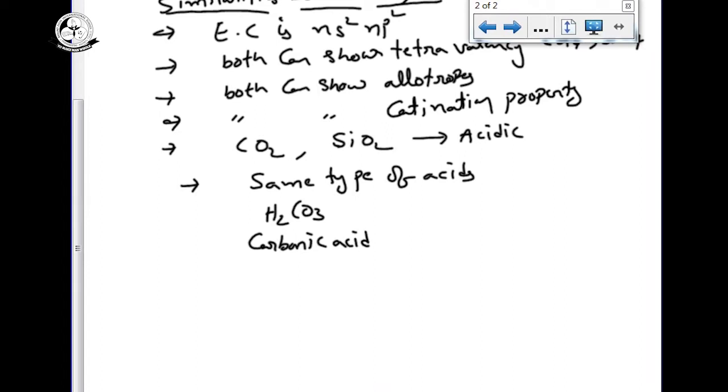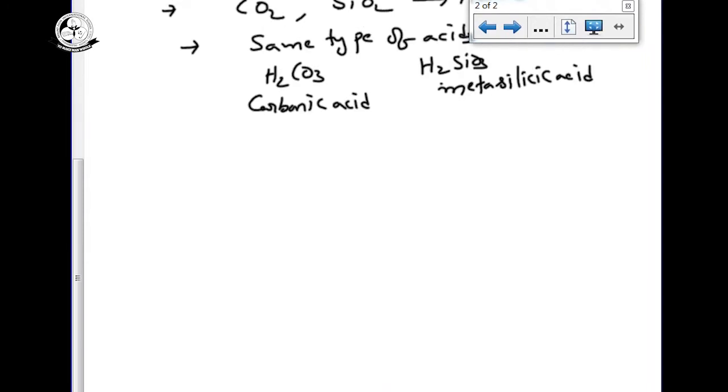Carbon has this acid, and silicon also has an acid, H2SiO3. The name of this one is metasilicic acid. So they show the same type of acids, H2CO3 and H2SiO3. For example, take oxalic acid; everybody will know the formula of oxalic acid from organic chemistry.